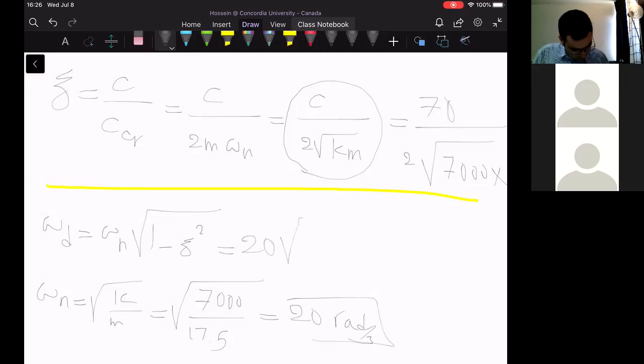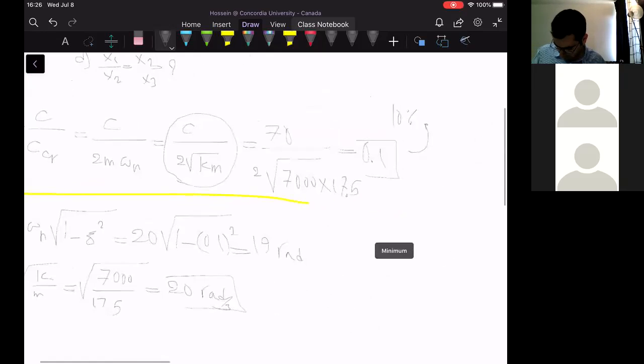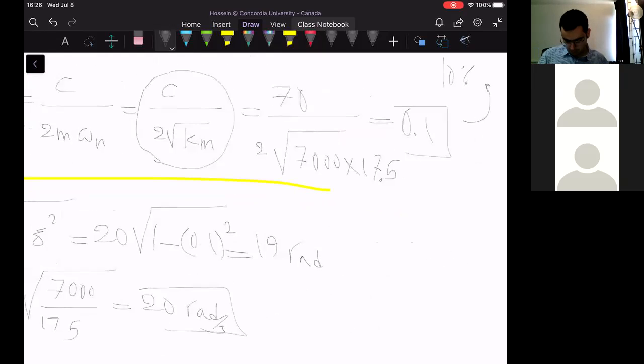Therefore, the damped natural frequency can be obtained as approximately 19.9 radian per second.